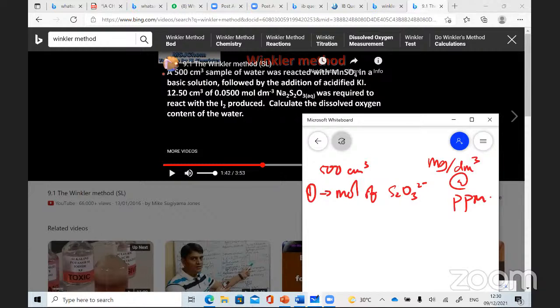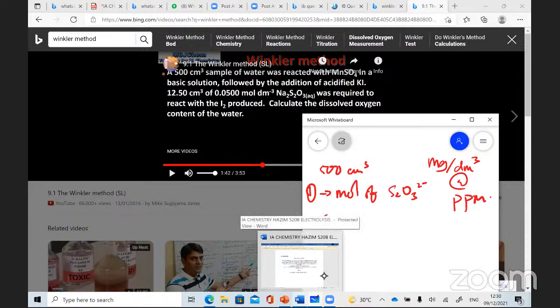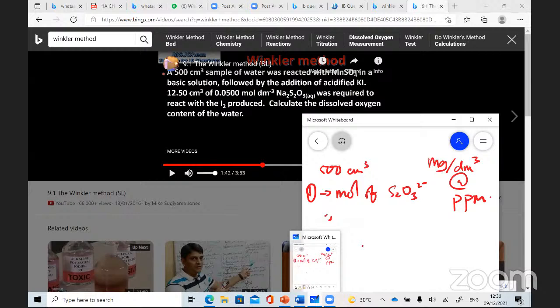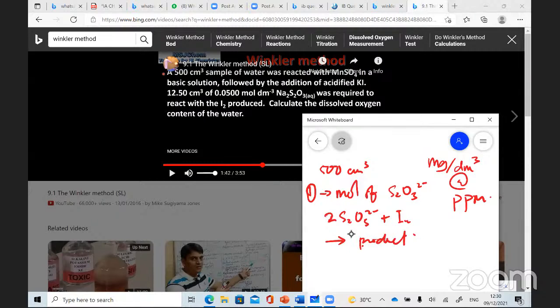Okay, lepas kau dah dapat the number of mole, and then refer to the equation yang tadi. It's 2S2O3 plus I2, then kau akan dapat punya produk. So the ratio is 1 and 2.